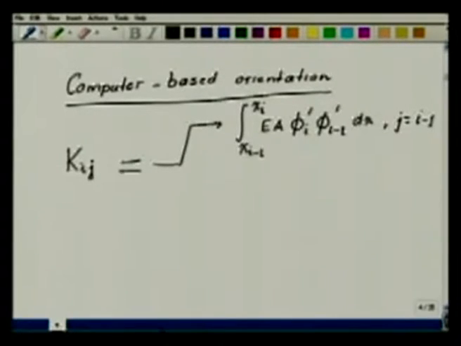This is all. That is only in the element I minus 1, this part is non-zero, everywhere else it is 0. Why? Because if you see here, phi I is non-zero in elements I minus 1 and element I, while phi I minus 1 is non-zero in only element I minus 1, but it is 0 in element I. So element I does not contribute.